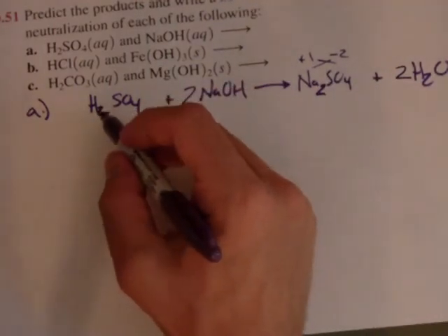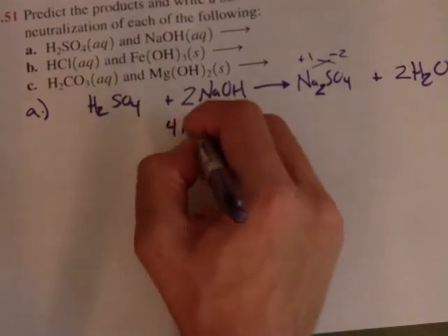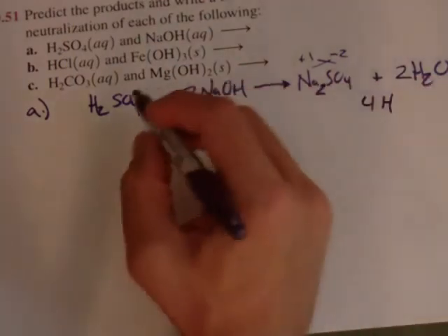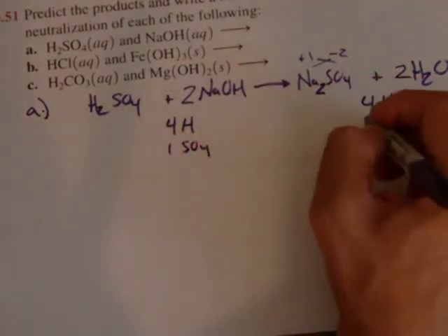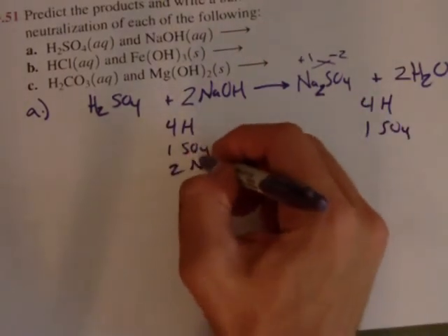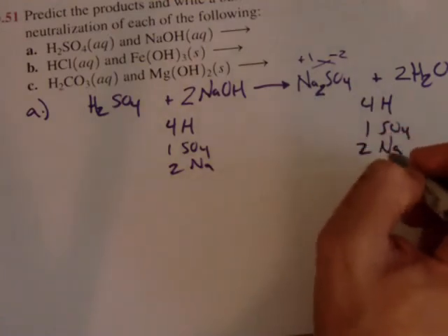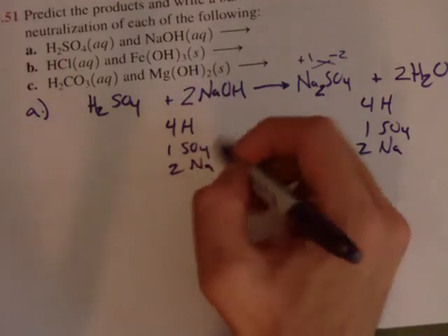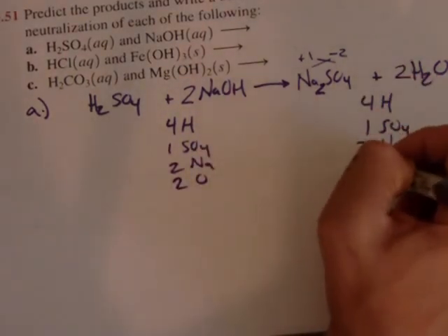So we have 2 plus 2, which is 4 hydrogens. 2 times 2, 4 hydrogens. 1 SO4 group, 1 SO4, 2 Na, 2 Na, 2 oxygen, 2 oxygen.